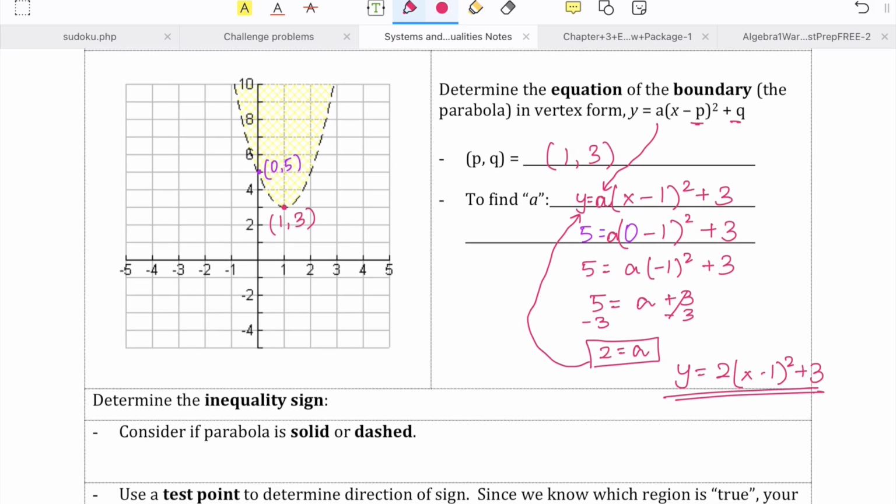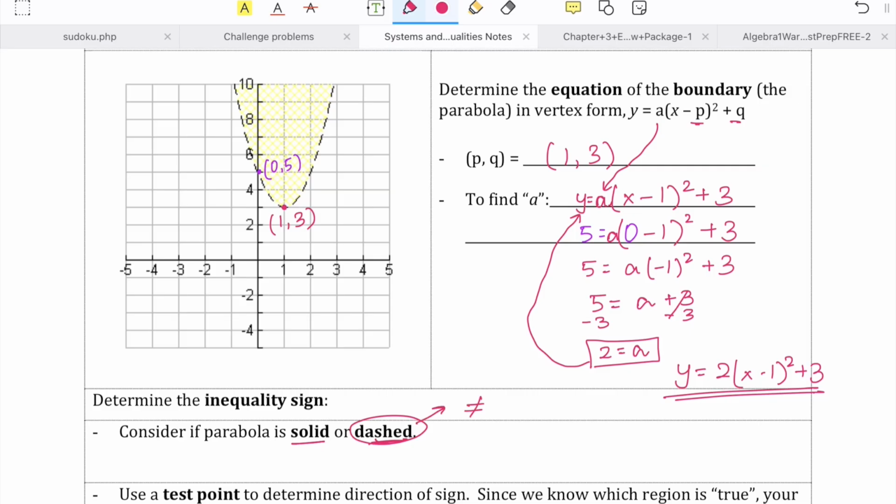What inequality sign will I use? Will it be solid or dashed? Dashed, right? It's dashed. That tells me it shouldn't be equal to, right? It can either be less than or greater than.